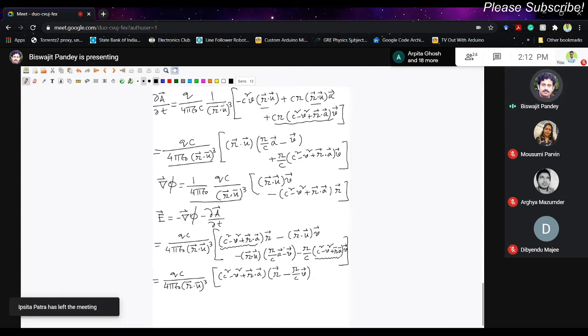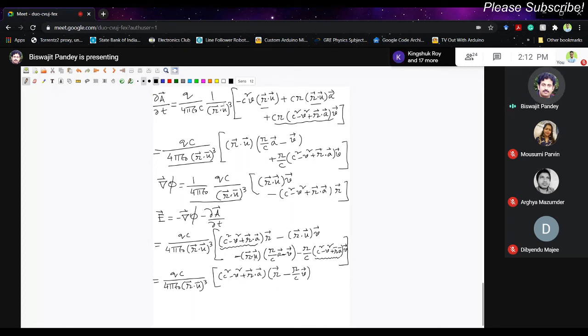What is the second term? You see, if I open this, the second term is minus of r dot u into v. There is a minus of minus, and minus becomes plus. So if I multiply r dot u with minus v, I will get plus r dot u into v. We already have a minus r dot u into v here, so that will get cancelled out.